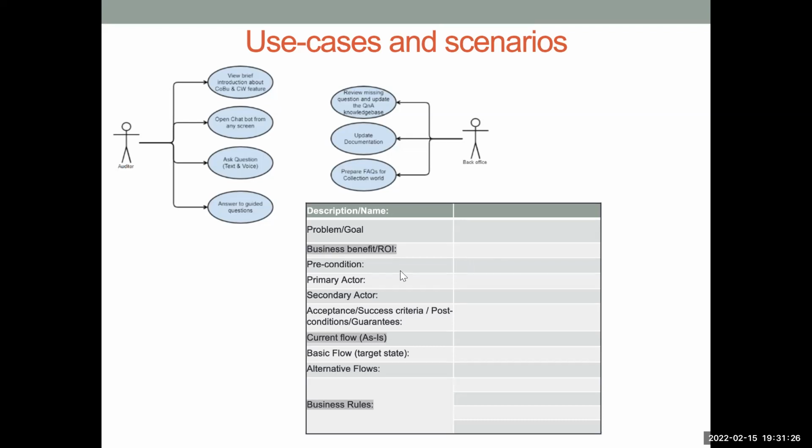Then there is a precondition, meaning something should happen before that use case can be fulfilled. There's a primary actor and there is a secondary actor. If for some reason the primary is not doing that, there are some secondary actors available. Then in the BABOK, it says guarantees or postconditions.